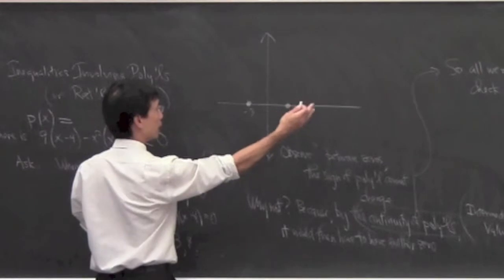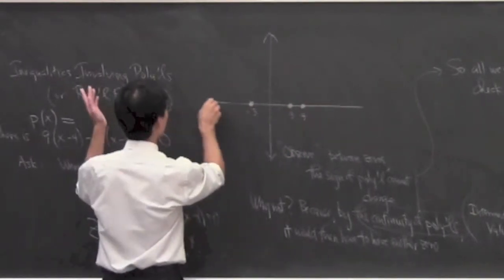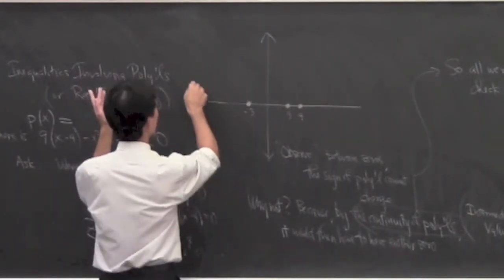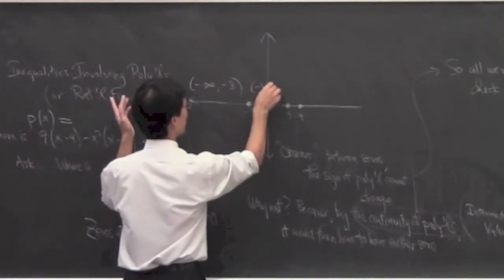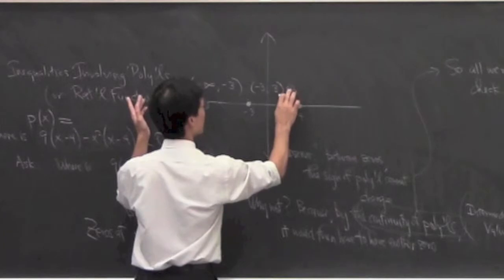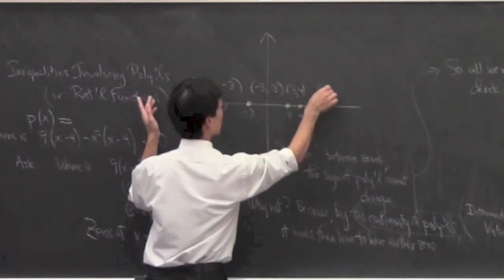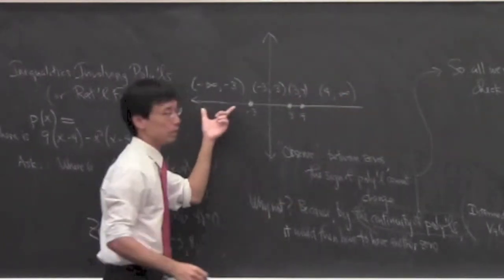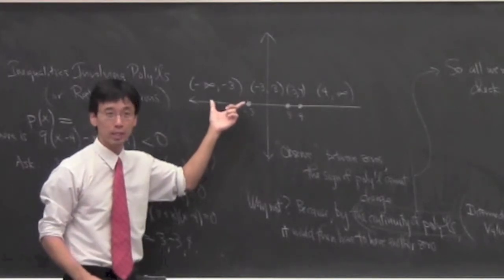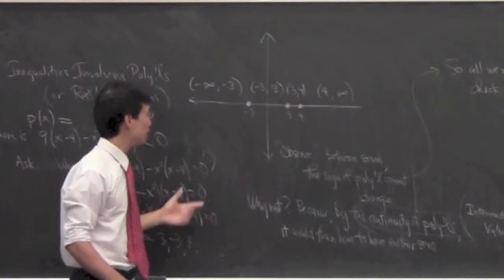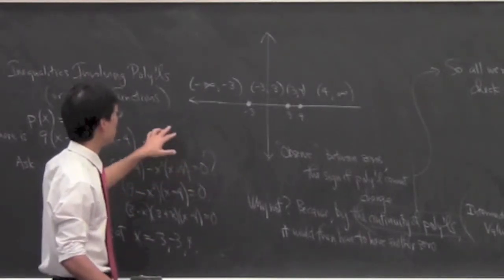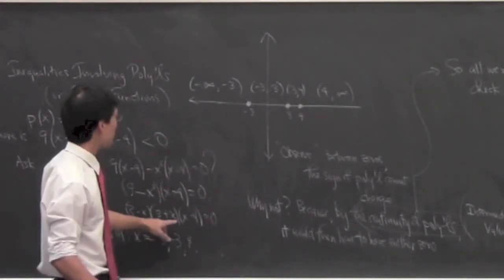Our zeros have broken up the line into four pieces. Right? We've got this piece. We've got this piece. We've got this piece. And we've got this piece. And we've got these four intervals, and we know that the sign doesn't change on each of these intervals, and so all we need to do is check the sign in each piece, right?